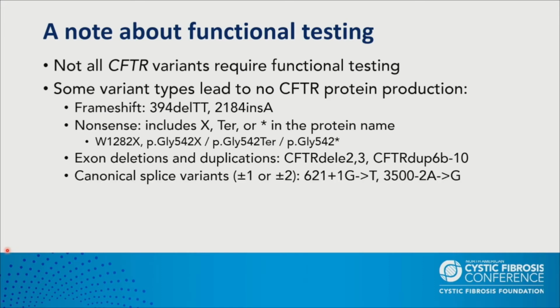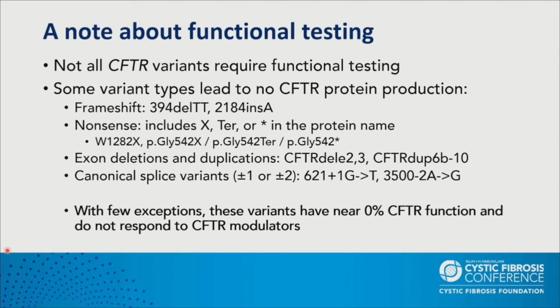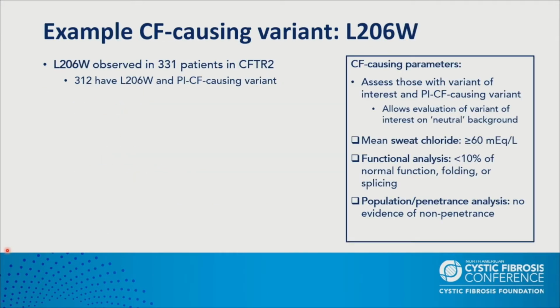And then canonical splice variants, and if you remember nothing else about canonical splice, we're talking about plus and minus 1 or 2. With few exceptions, these variants have essentially no CFTR function. We don't functionally test them as part of our protocol. And I've just highlighted in red the key things that you can pick out from these legacy names. These are specifically legacy names for the most part to try to recognize these variants.